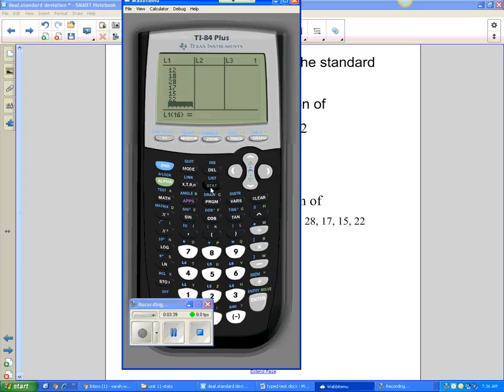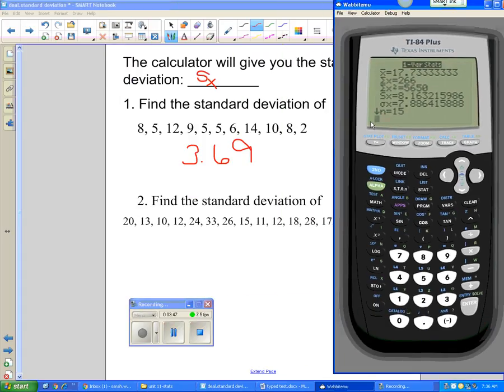All right, so you hit stat, go over to calc, and choose the first one. And what are we going to use for standard deviation? We're going to use SX, so 8.16.